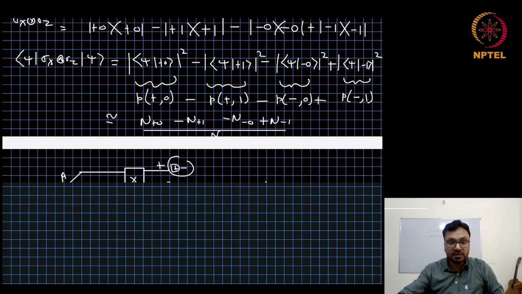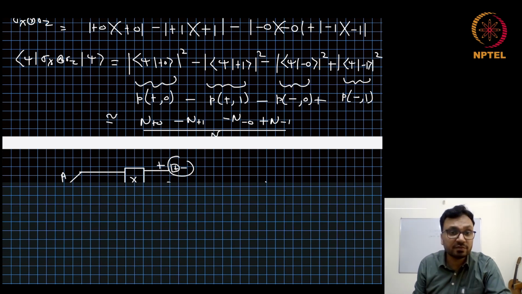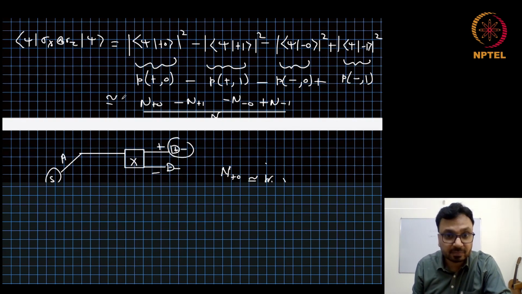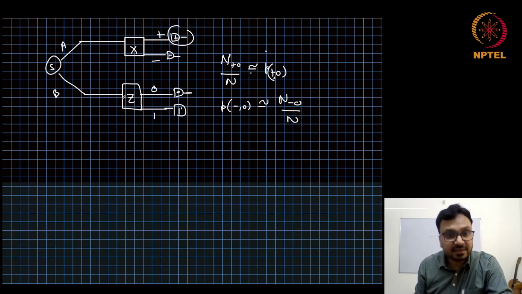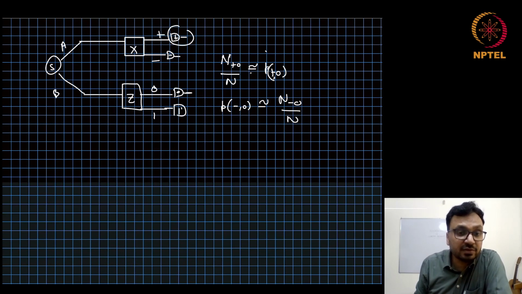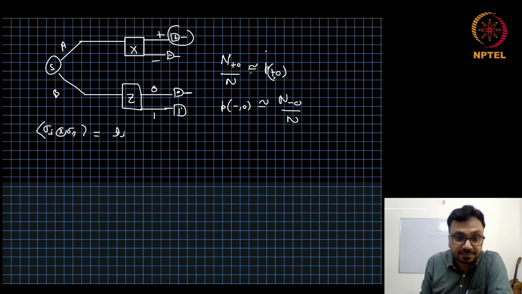So the expectation value is built from the simultaneous clicks in these pairs of detectors divided by the total number of qubits. Similarly, we can calculate the expectation values of all the sigma i tensor sigma j, and this will give us Tij.